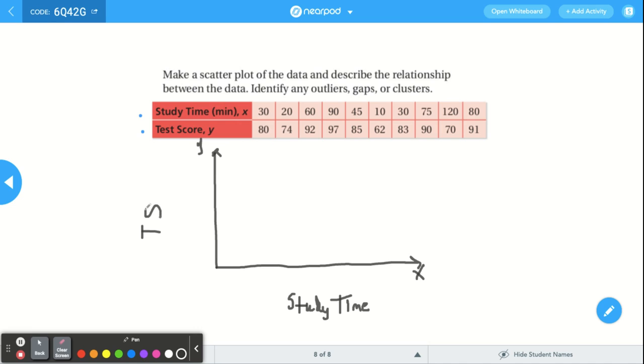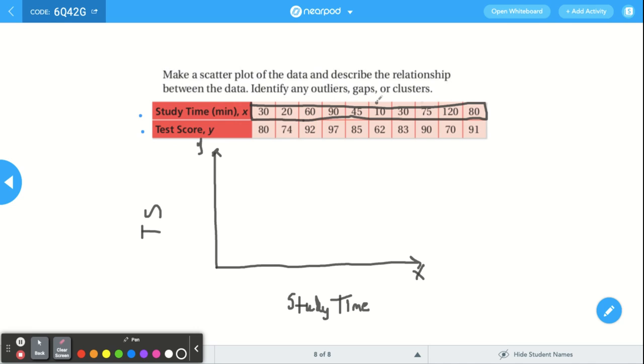I'll just put TS for test score. All right, so looking at the information on the top, let's kind of use what we have up here at the top to see how big my gap in between the numbers, the interval would be.